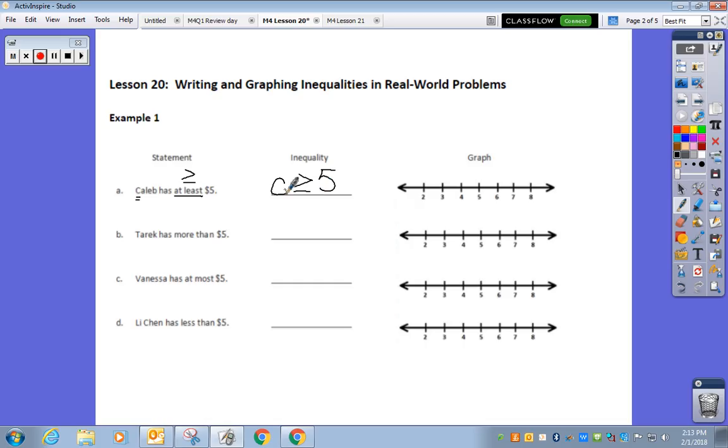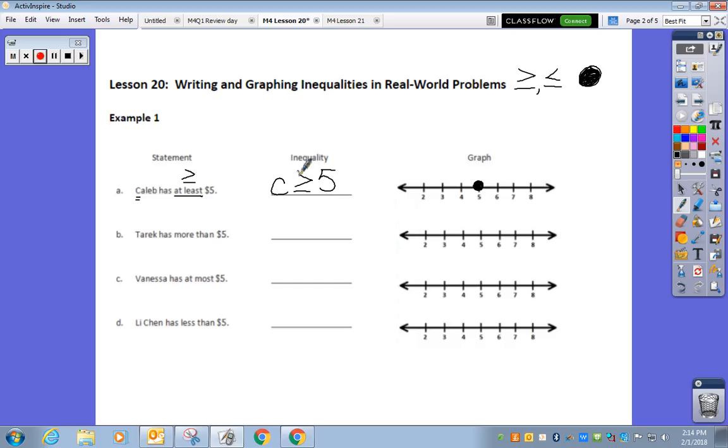So if Caleb has greater than or equal to 5, remember if we have this line underneath, whether it's greater than or equal to or less than or equal to, that means a filled in circle, or closed circle, at the number. So at 5, I'm going to put a closed circle.